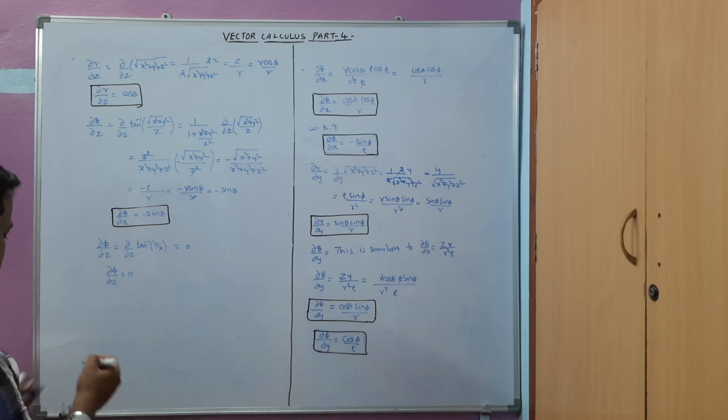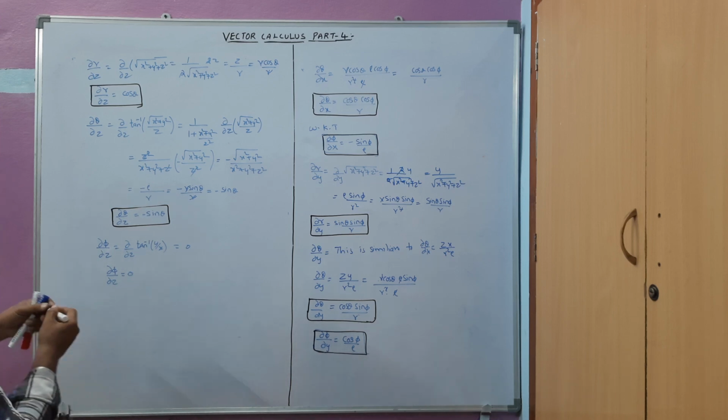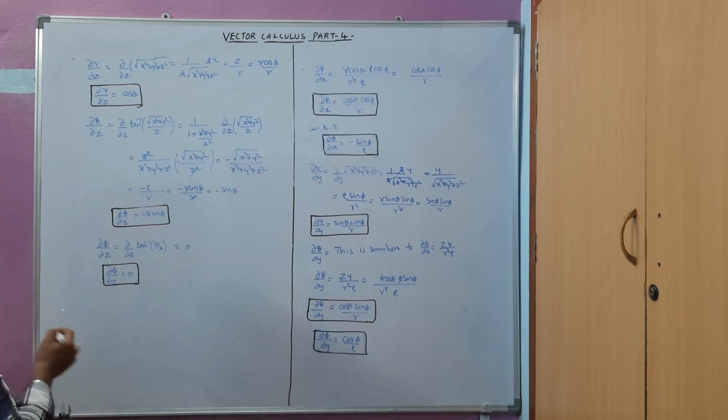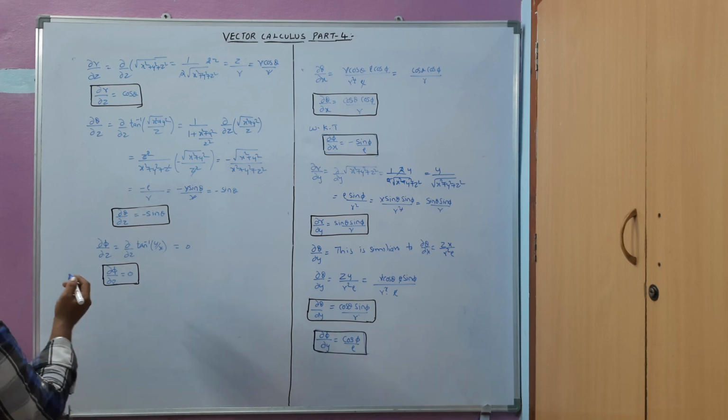So now I have got all the terms, we have derived all the 9 terms till now. Now we have to substitute those equations in dou by dou x, dou by dou y and dou by dou z. Let us do that. Now I will write dou by dou x first.